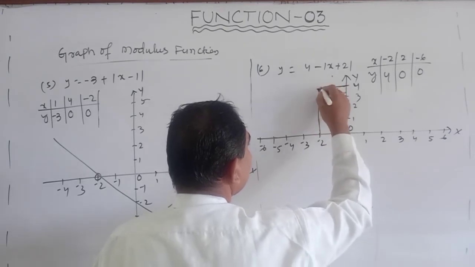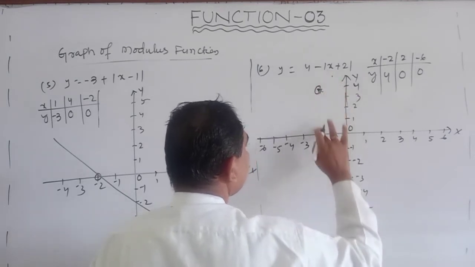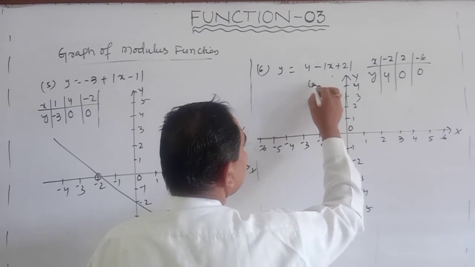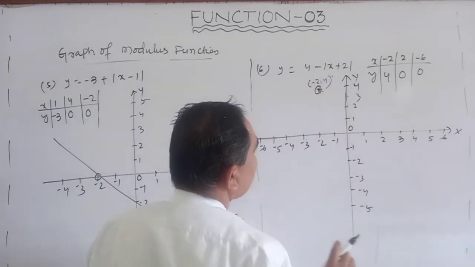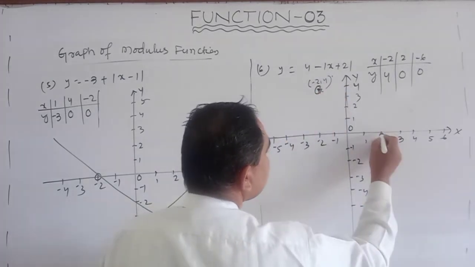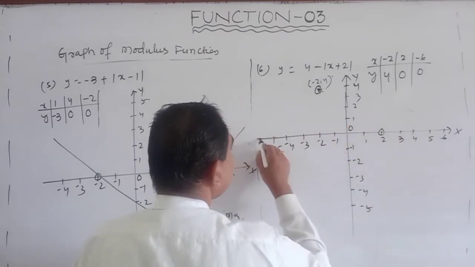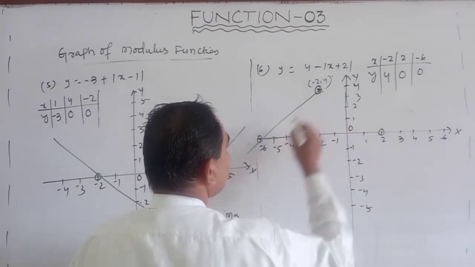This point is (minus 2, 4). x is 2, y is equal to 0. x is minus 6, y is equal to 0. So look at the graph.